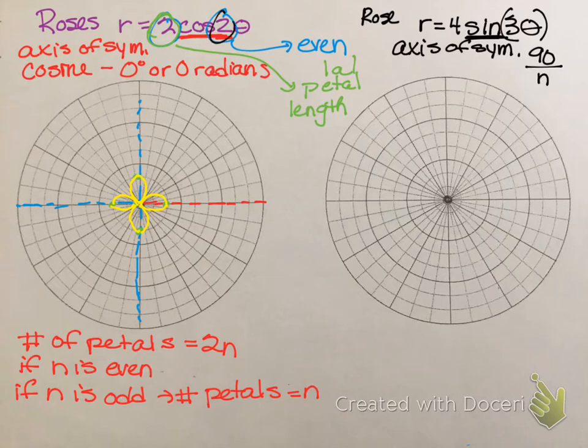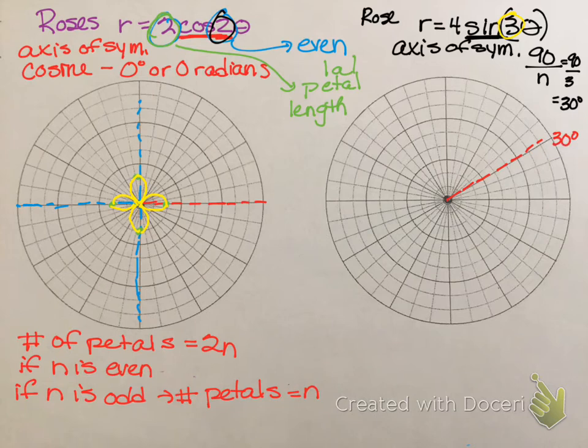Remember, this number here, that's n. So in this particular instance, my axis of symmetry will be 90 divided by 3, or 30 degrees. So my first axis of symmetry is going to be here at 30 degrees.